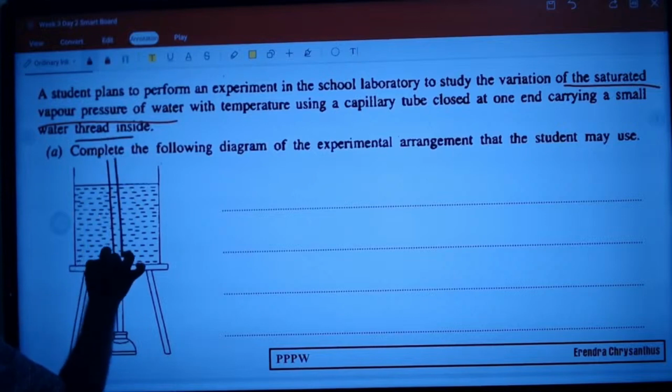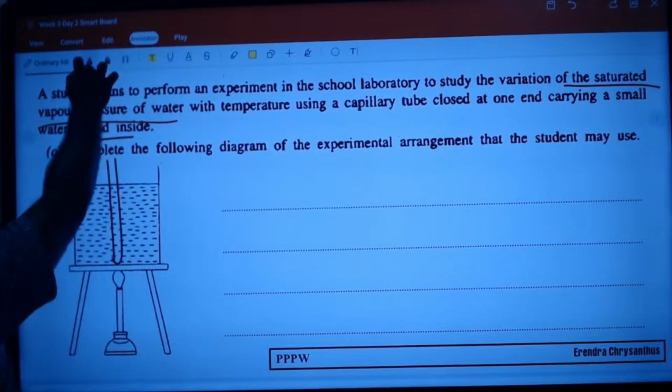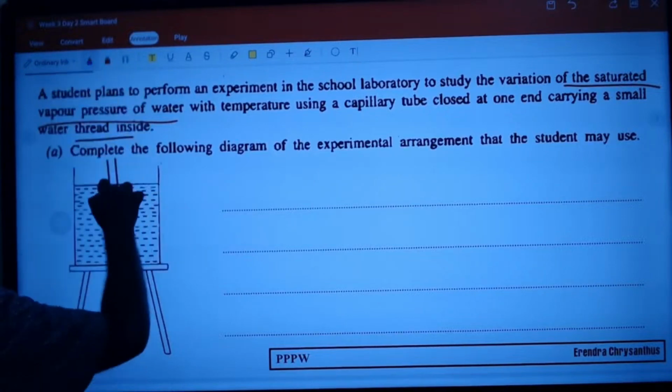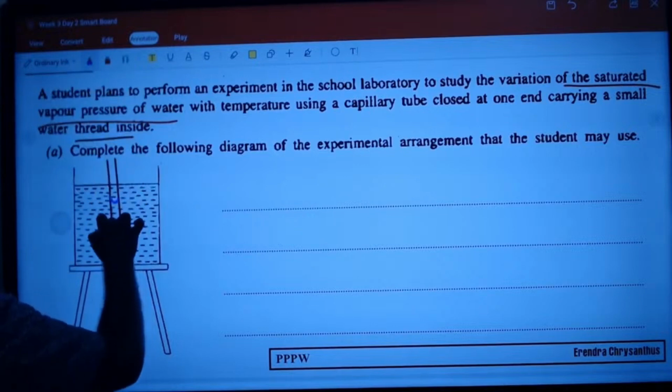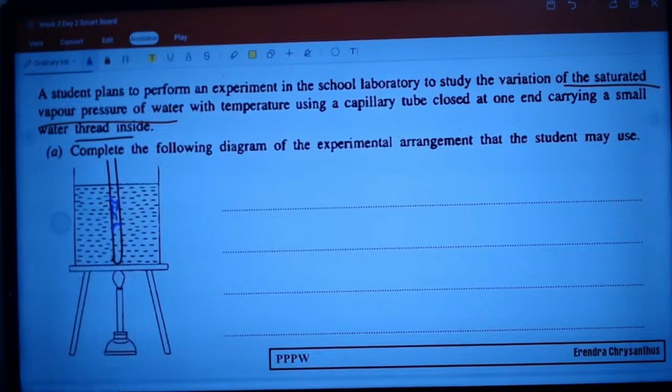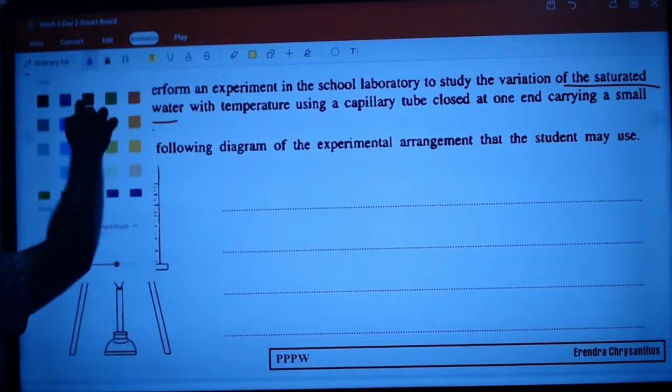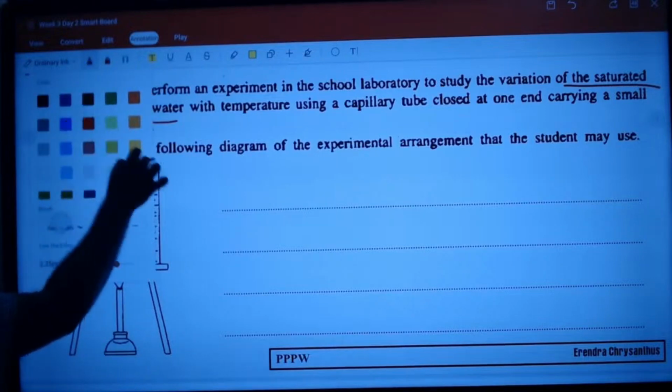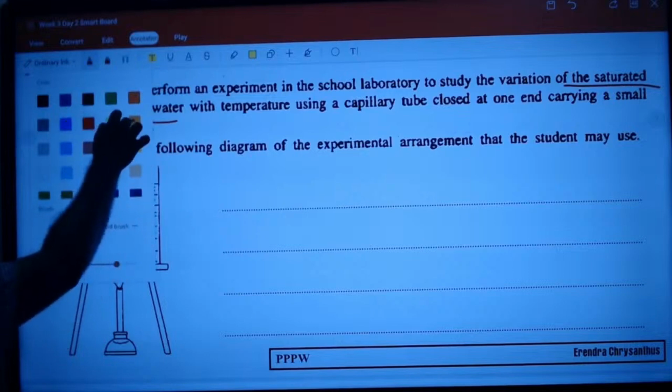So here you go, the beaker. From this connect the linear scale.